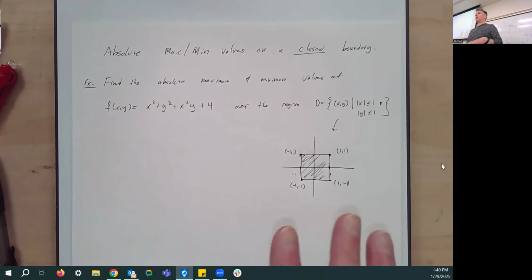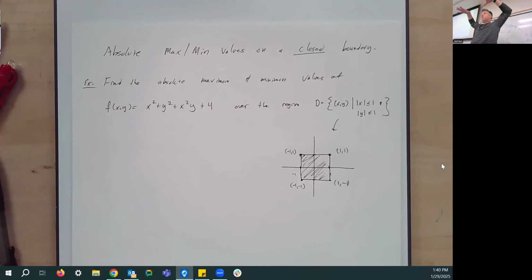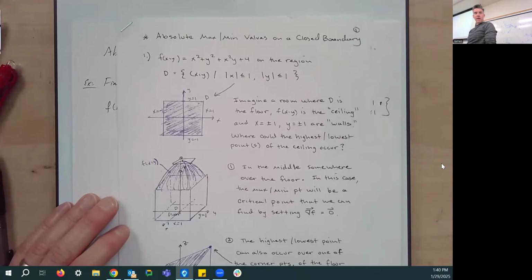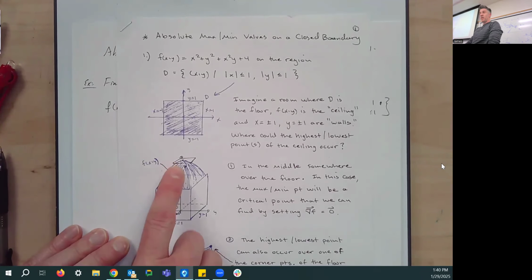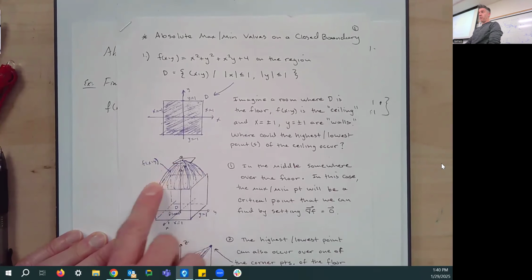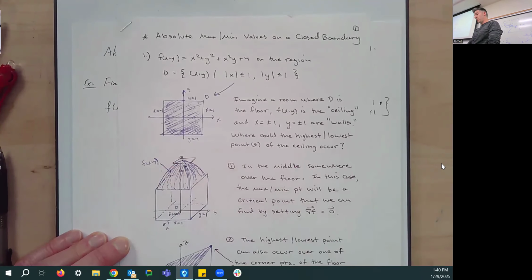Essentially above this region, there's some surface. I like to think of it like a blanket or a waving flag, maybe. And that surface could have a lot of different shapes. It could look like something like this, where you can clearly have some sort of absolute maximum in the middle and an absolute minimum kind of on the boundary. Not that that's really super important. So maybe it looks like that.